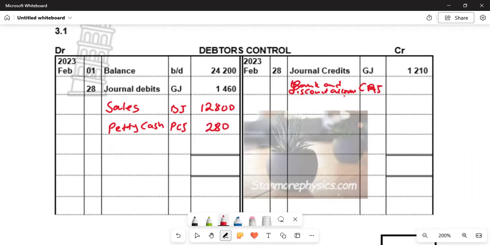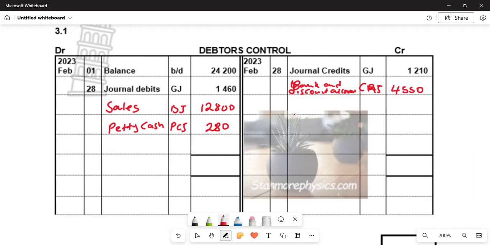There is a discount that was given to our customers of 270, if you can still remember. Also the customers did pay us through the bank. So all in all, when we add this, they added up to 4,550. So that is that. We were paid and there is a discount that we were given there under cash receipts journal, if you can still remember.